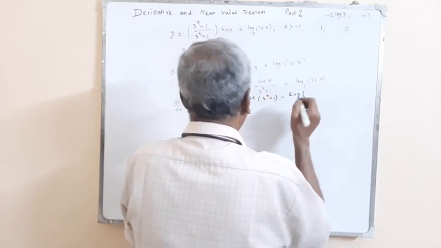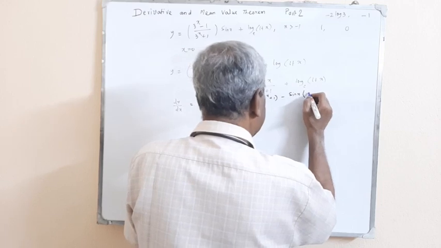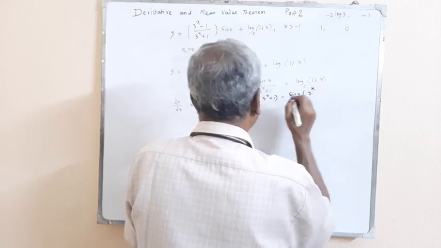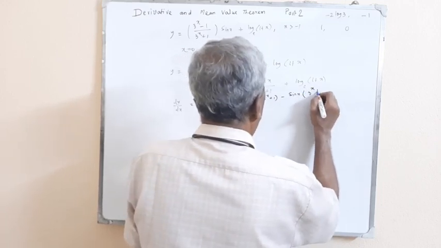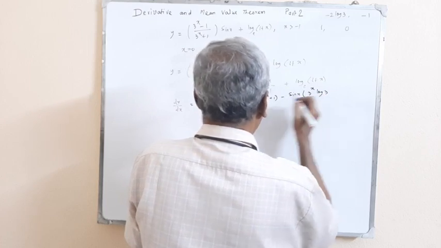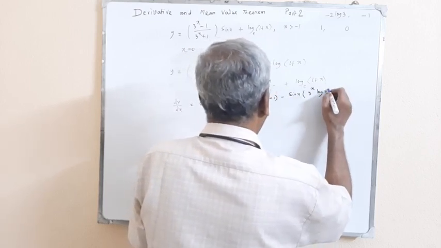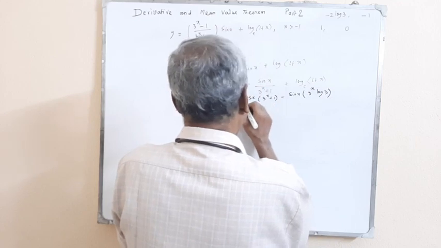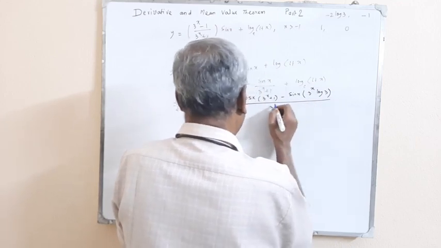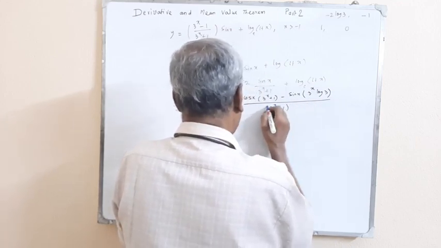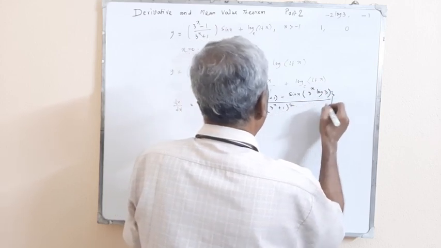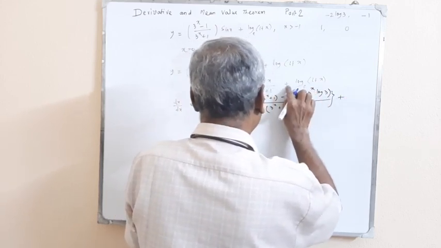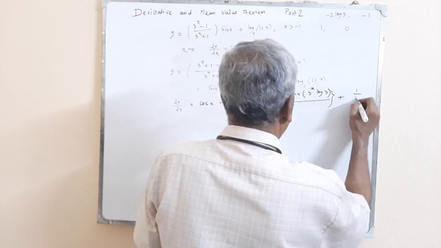Derivative of 3 to the power x is 3 to the power x into log 3 base e, plus 0, divided by (3 to the power x plus 1) whole square, plus derivative of log of 1 plus x, which is 1 upon 1 plus x.